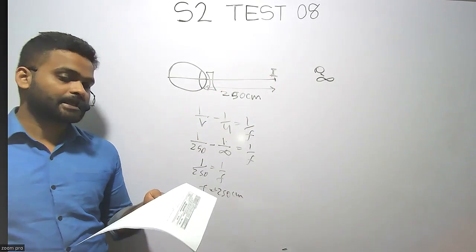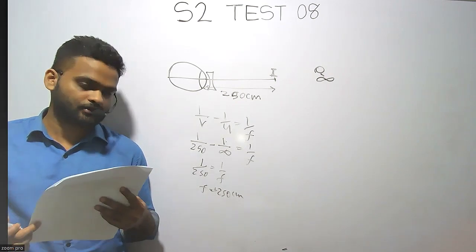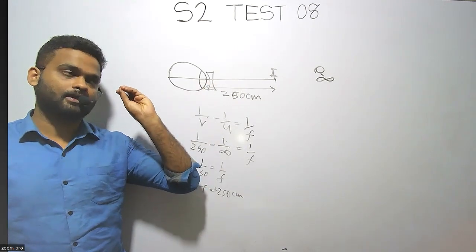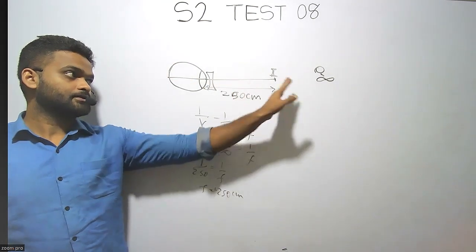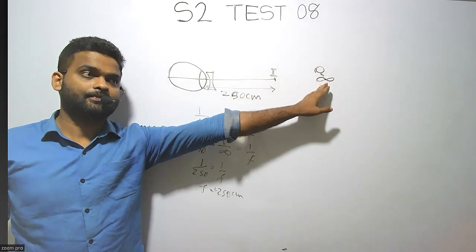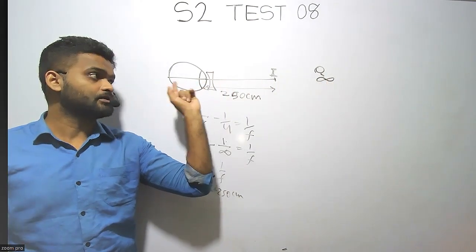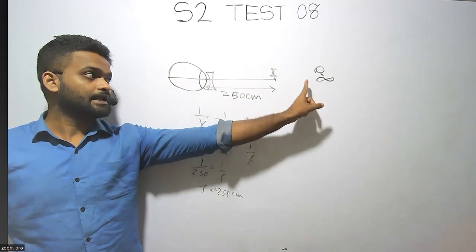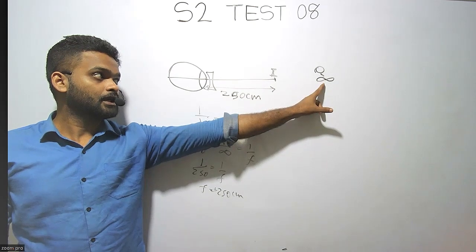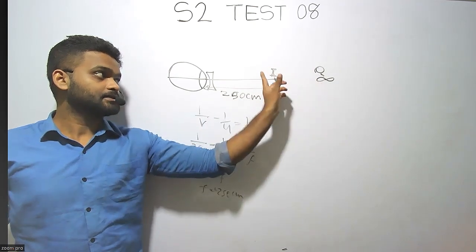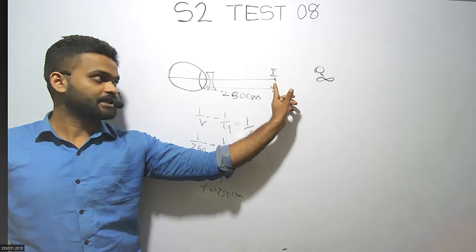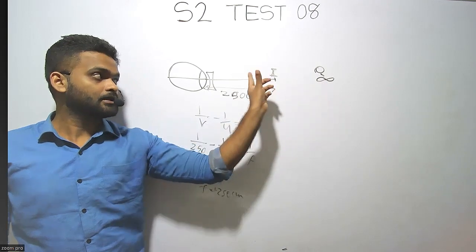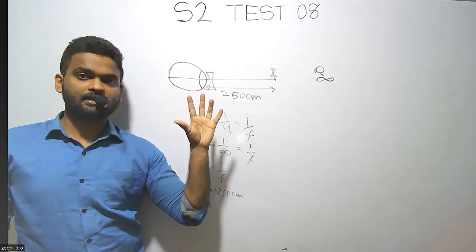So again, you have to think about the function of the lens. The purpose of wearing this lens is to see objects at infinity. The eye cannot see objects at infinity, so you need to wear a lens. The lens forms images of objects that are at infinity at a distance of 250 centimeters.